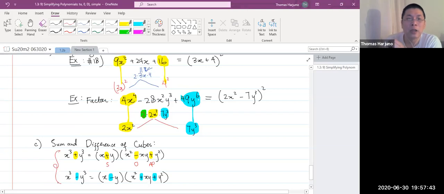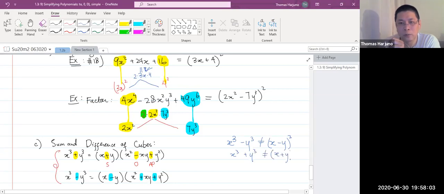Okay, and again, please be aware that x cubed minus y cubed is not the same as x minus y cubed. No. x cubed plus y cubed is not the same as x plus y cubed. Actually, it applies also to squares. x squared plus y squared is not the same as x plus y squared. x squared minus y squared is not the same as x minus y squared.